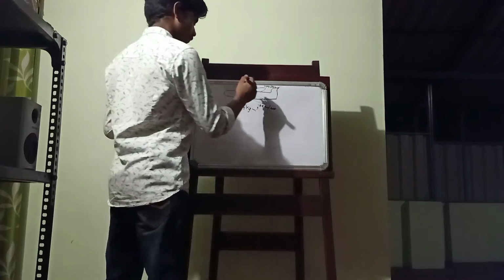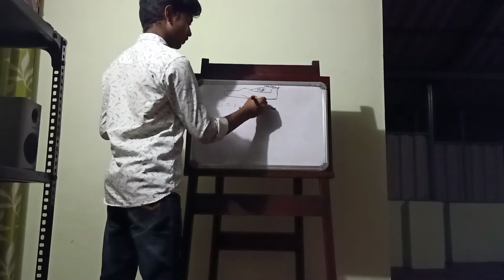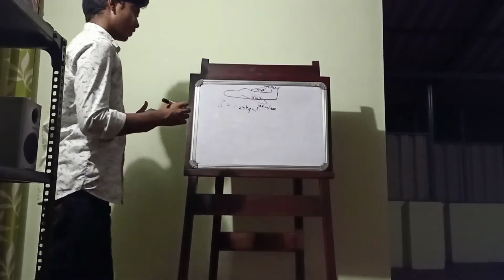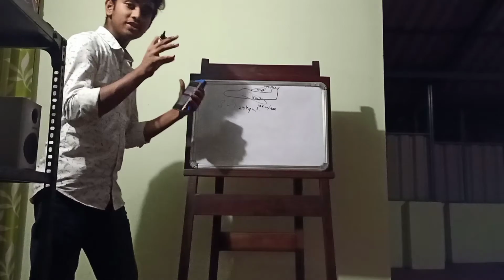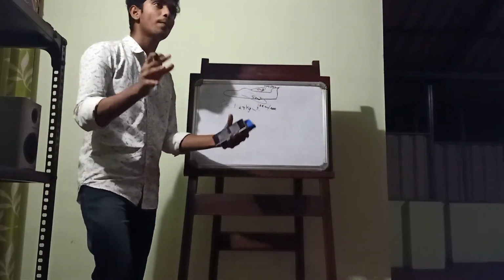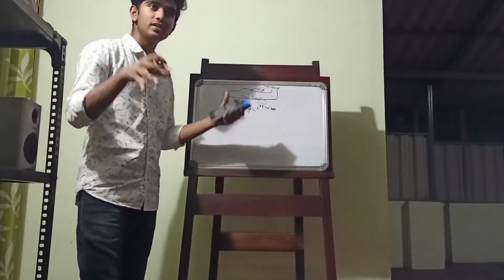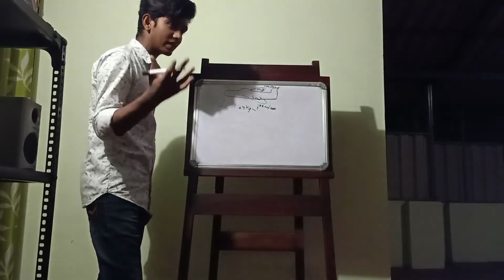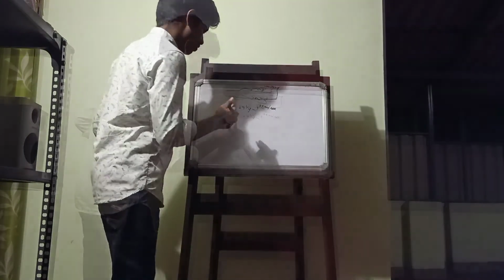And now 50 meter square for this wing area, and this wing also has 50 meter square. And it is said to find the pressure difference. That means P2 minus P1, because change in pressure is P2 minus P1. So now let's go.